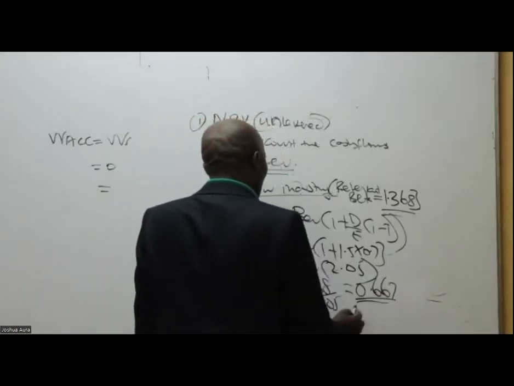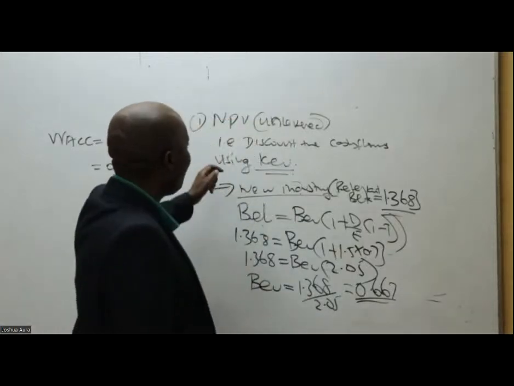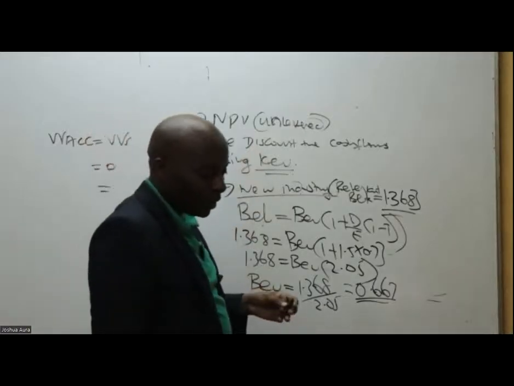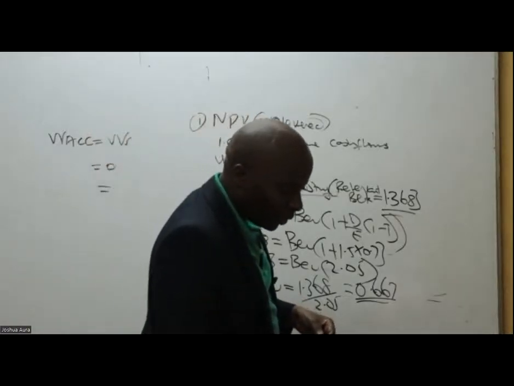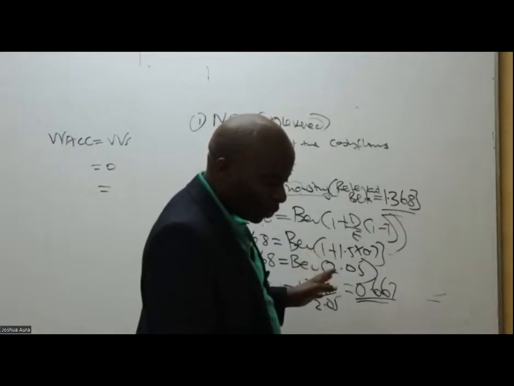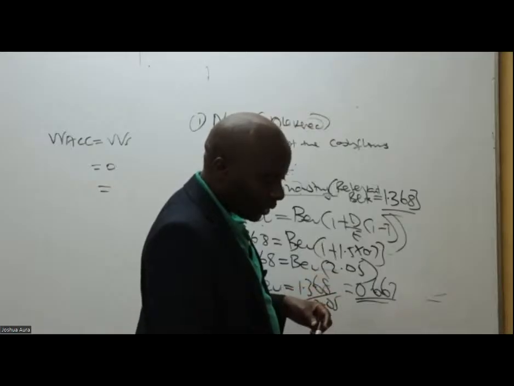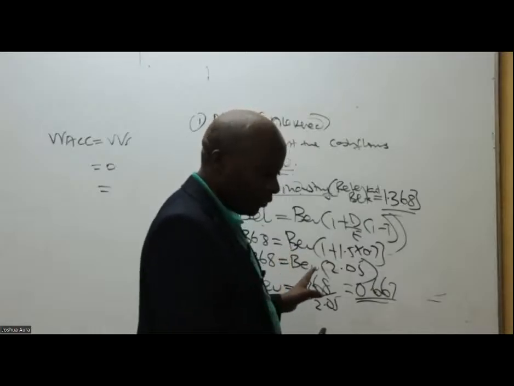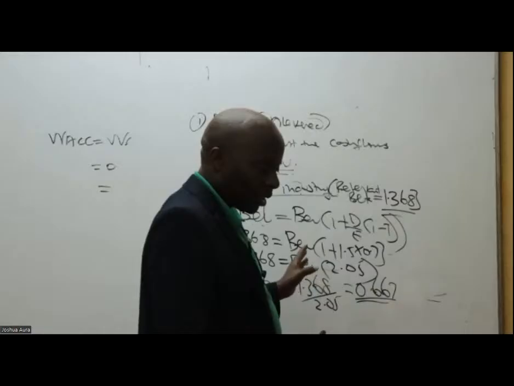0.667. So now, if they want me to give this NPV unlevered, this 0.667, I'm being told it is correct. This is correct: beta equity of the unlevered firm, I'm being told the figure is okay.